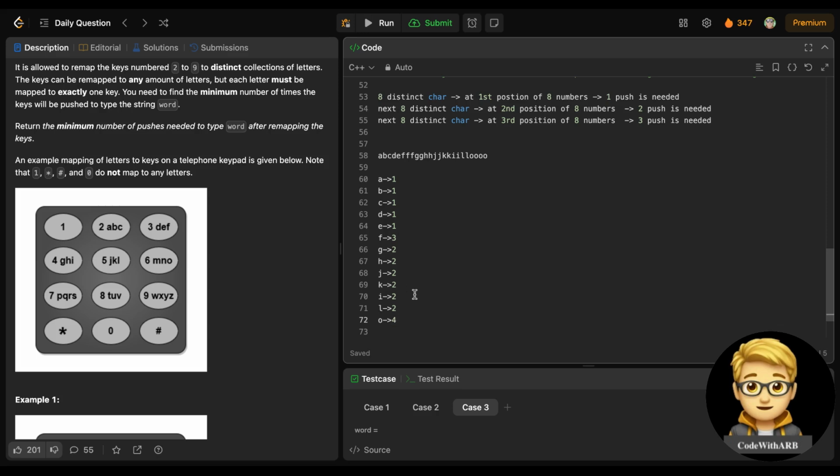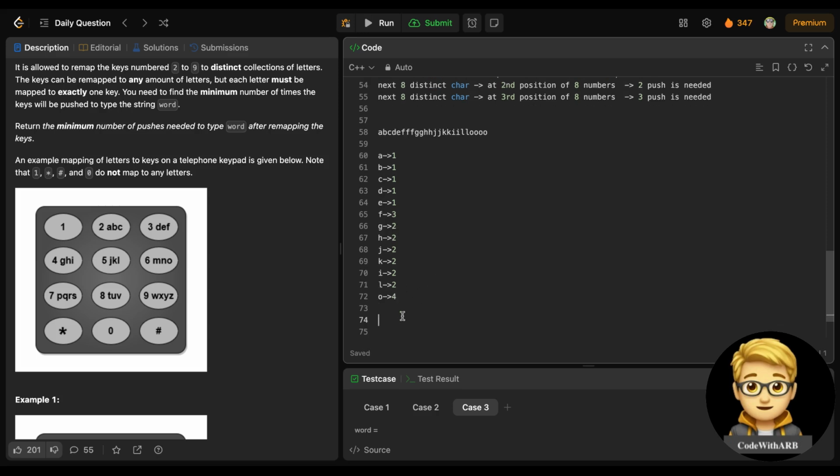So maximum occurrences is of what? O, then f, and what?